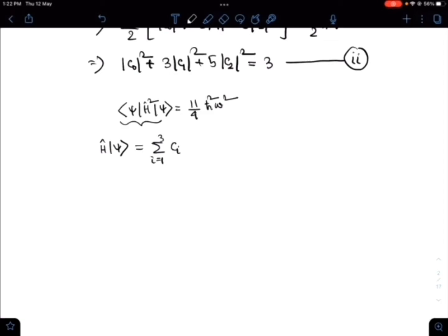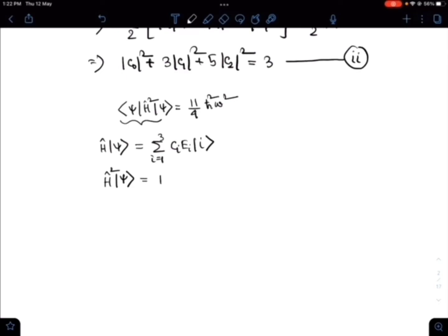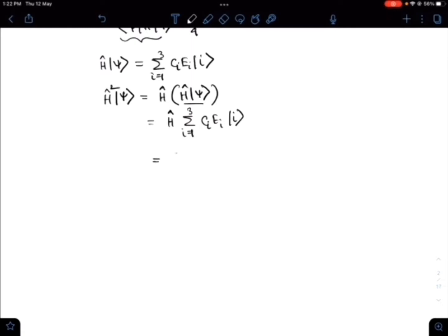If I again apply the Hamiltonian operator, we get the sum over i of Ci Ei H|i>, and this H|i> we know already, it will give us Ei|i>. So we can write H^2|psi> in this way.